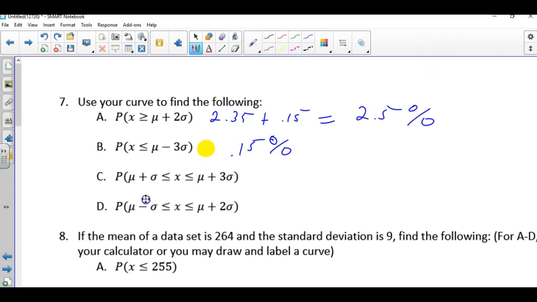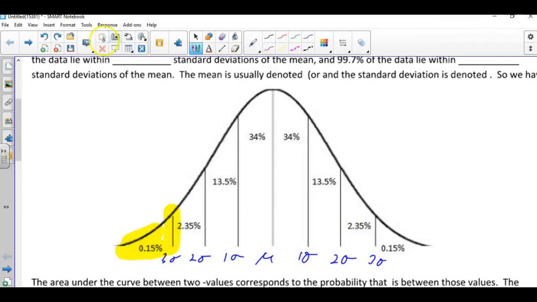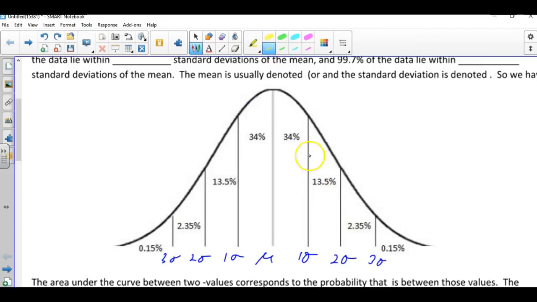Now we want the probability that X is between positive 1 standard deviation and positive 3 standard deviations. So let's go back over here. So again, this right here is the line for 1 standard deviation, and then this right here, 1, 2, 3, is the line for 3 standard deviations.